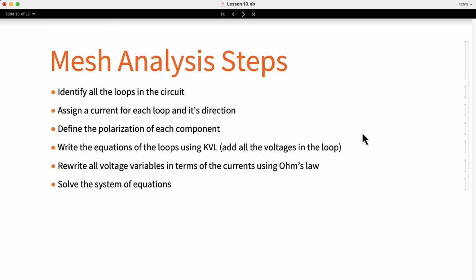Then we write the equations for every loop using the Kirchhoff voltage law, which is basically a sum of all the voltages in the loop. After that, we rewrite all the voltage variables in terms of the currents using Ohm's law. And last, we solve the system of equations.